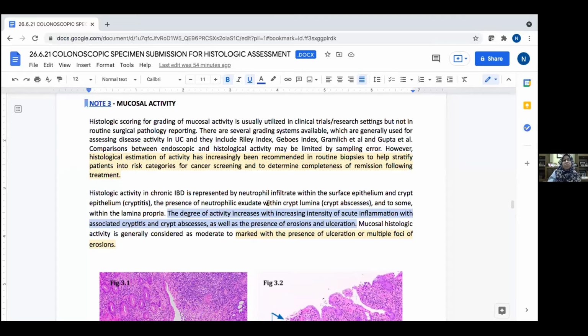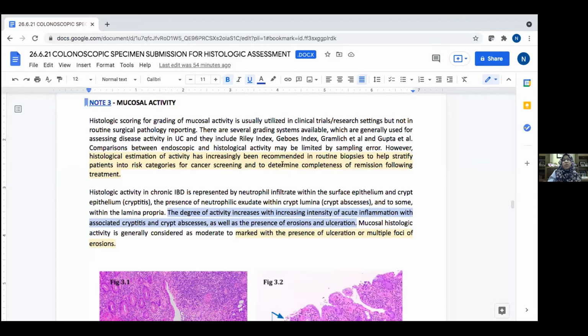But it's highly recommended that we grade the severity, at least whether it's mild, moderate, or severe, to help stratify patients into risk categories, whether for cancer screening, as well as to determine the completeness of remission following treatment.